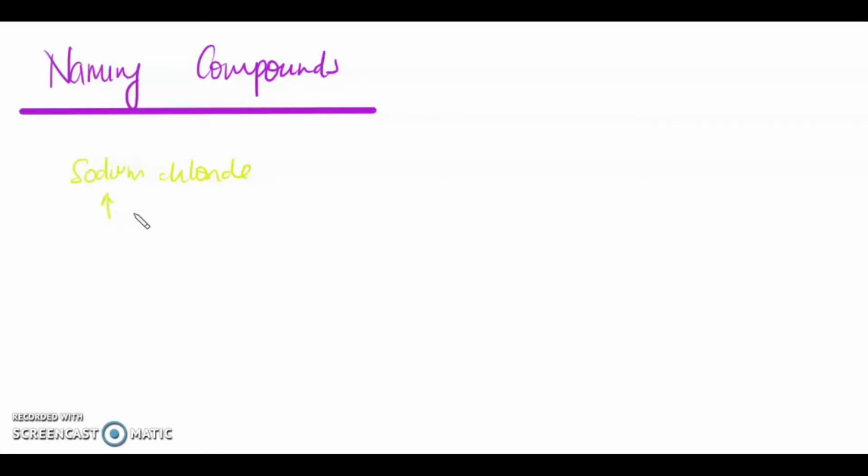So we know sodium is the metal and chloride is the non-metal, right? So this is a compound, and you can see that whenever you have a metal in a compound, it is always named first, right? We give the name of the metal first in the compound, and then that is followed by the non-metal. So this is rule number 1 that you must know.